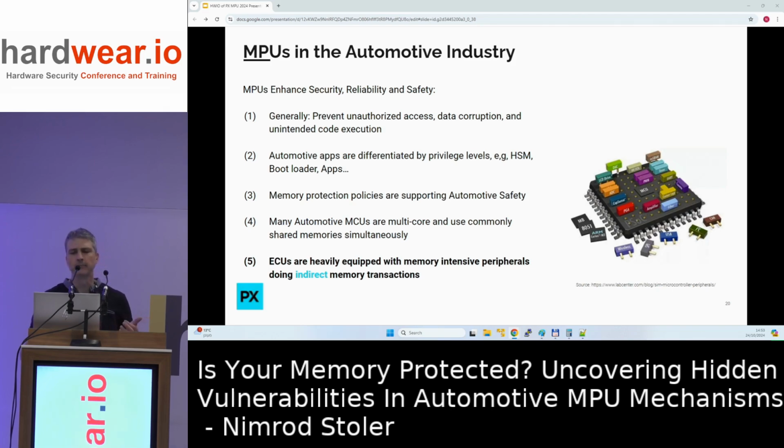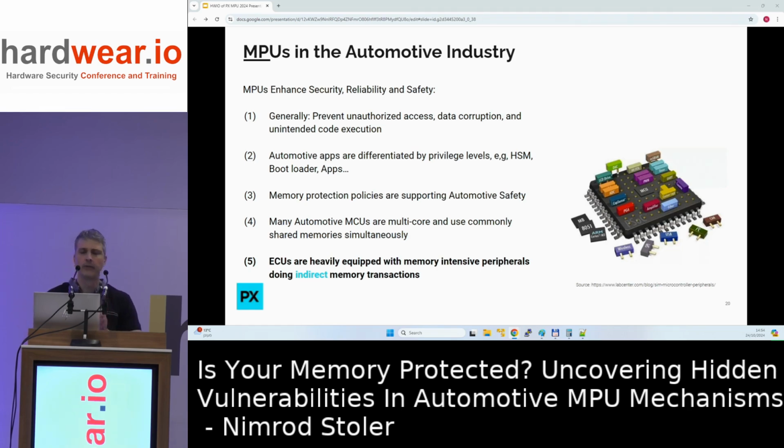And lastly, automotive microcontrollers are usually heavily equipped with memory-intensive peripherals. Those are peripherals that can access memories independently of cores, for example, DMA, CAN network controllers, USB, Ethernet, and so on.